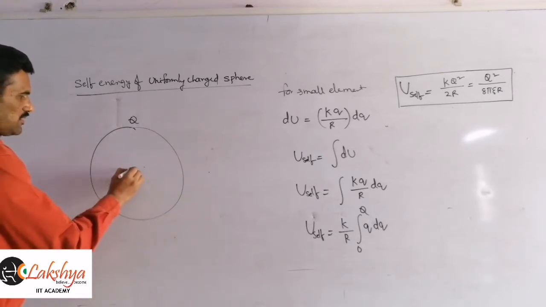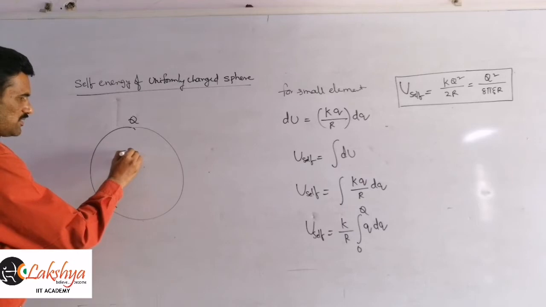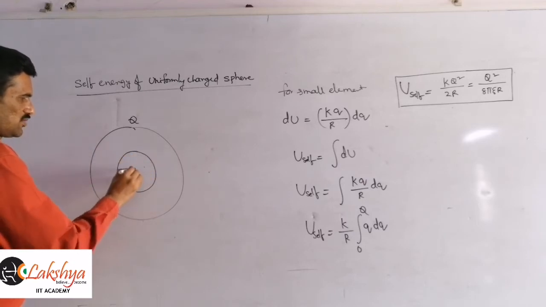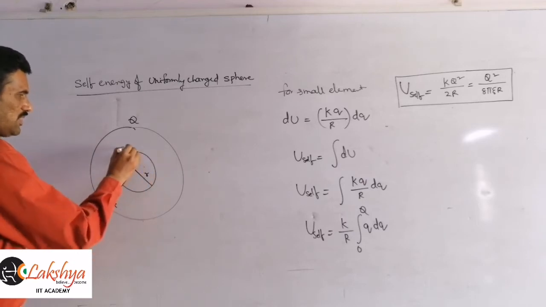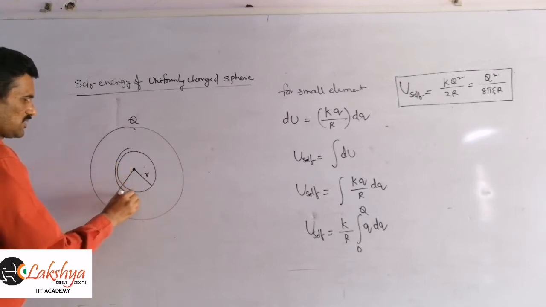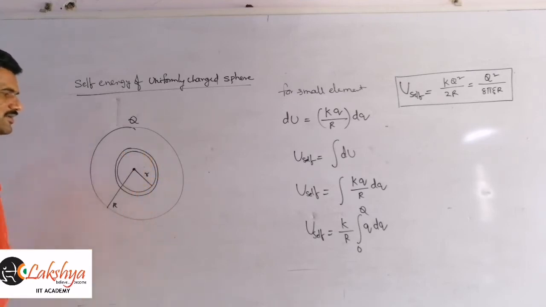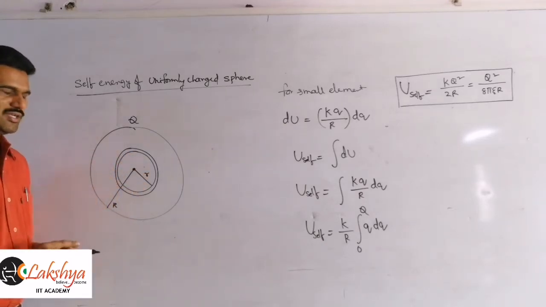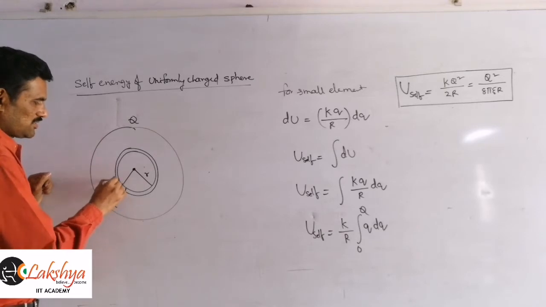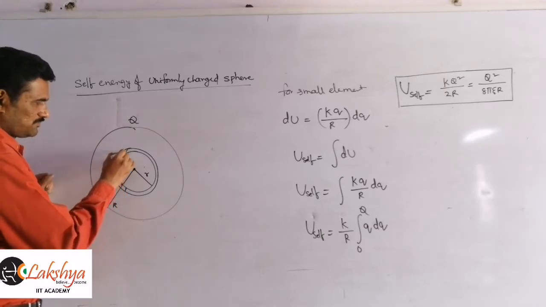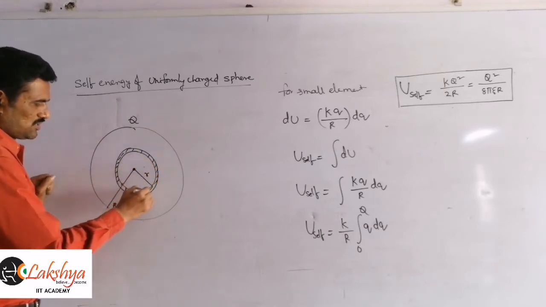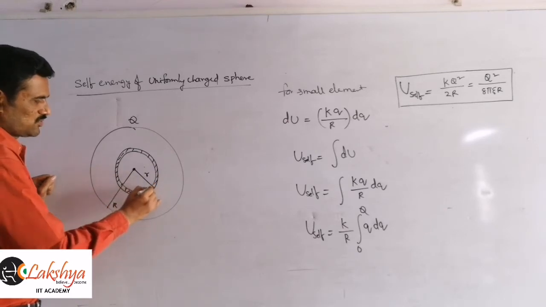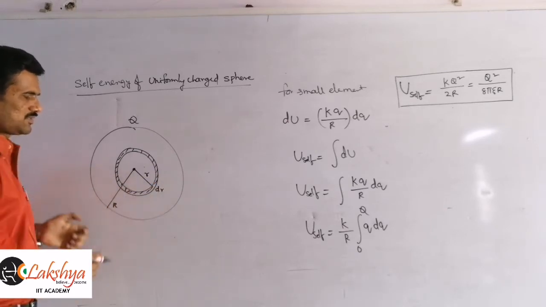For this we consider two elements like this. This is a solid sphere of radius r, and surrounding this we are taking another spherical shell element, right? So now two elements are there. This is the solid sphere of radius r, that is one element, and surrounding this, the spherical shell, this part, we consider as another element. Its width is dr, right?